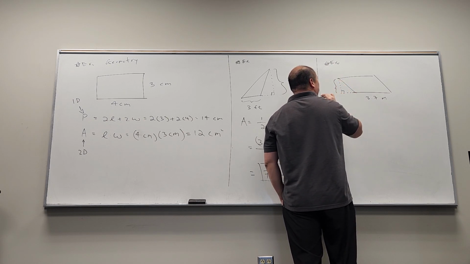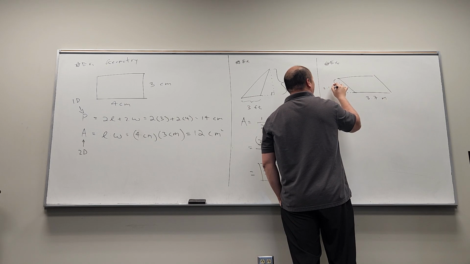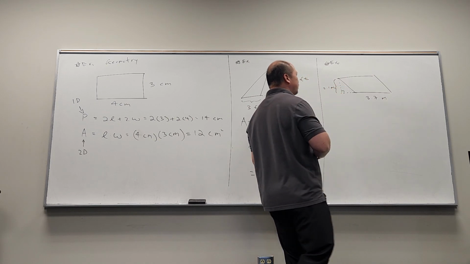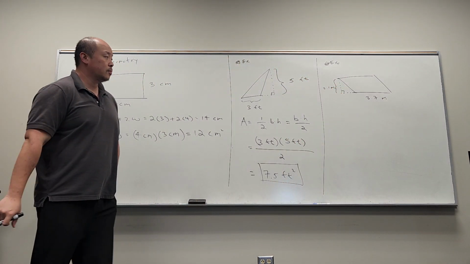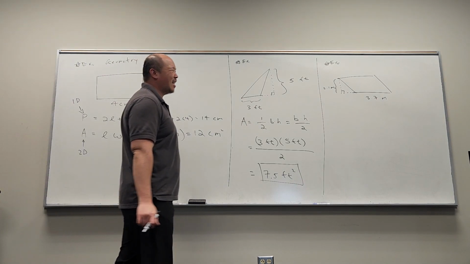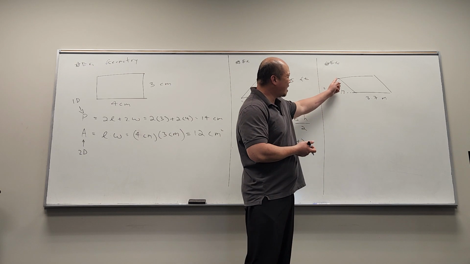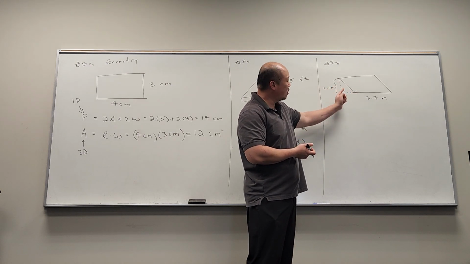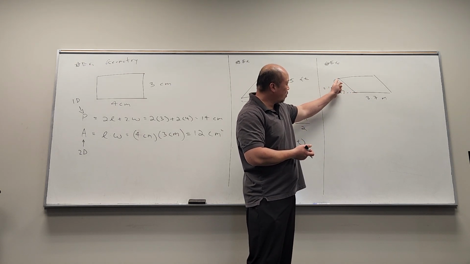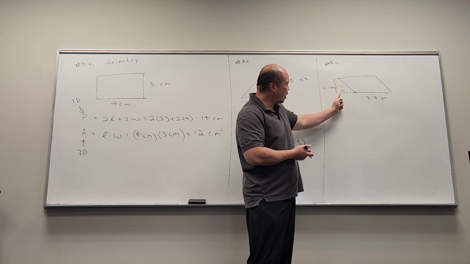This one right here, let's just say this is 2.1 meters. It's kind of the same situation as before, where the height of this parallelogram is always from the top of the shape down to the ground level.